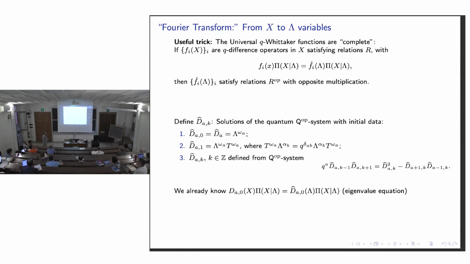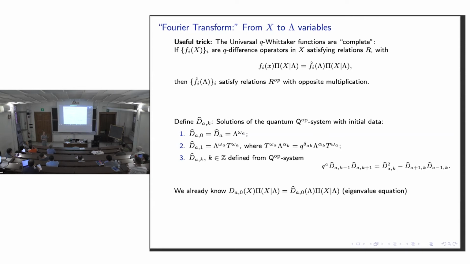So the relation is f_i goes to f_i hat. Then I call this the Fourier transform. And if these Q difference operators satisfy some relation, then these f_i hat satisfy the same relation with the opposite multiplication because of completeness. Well, it turns out that the lambda side is much easier to work with because of the simpler form of the Hamiltonian.